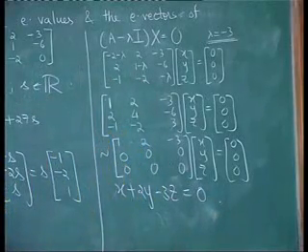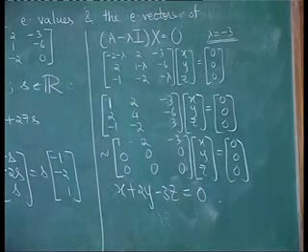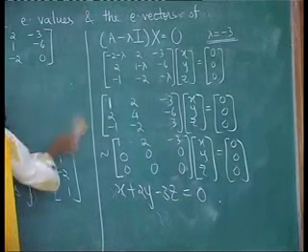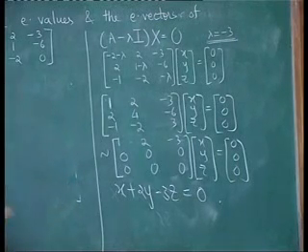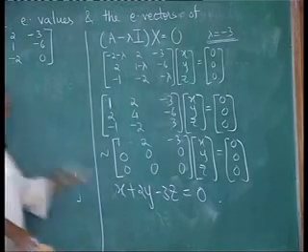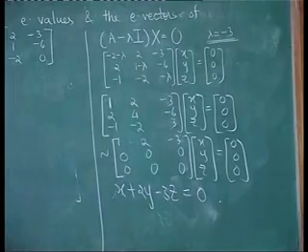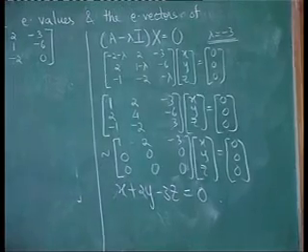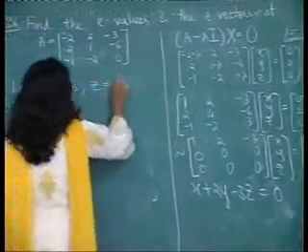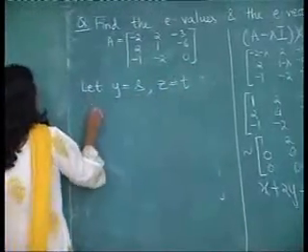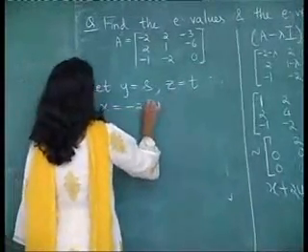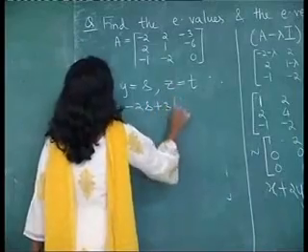Now, when you have a repeated root, one of two possibilities will occur. I'll talk about that at the end. See, there is only one equation and three unknowns. So, two of them are going to be free variables. Let me put y as s and z as t. Then x will be -2y plus 3z.